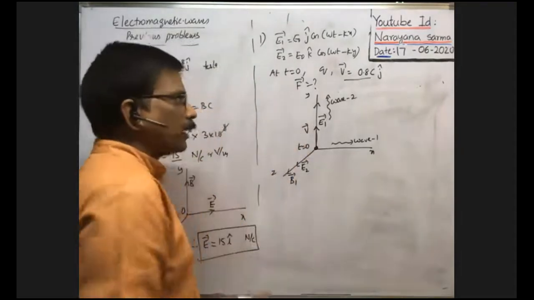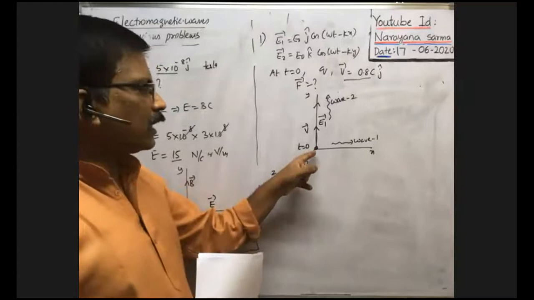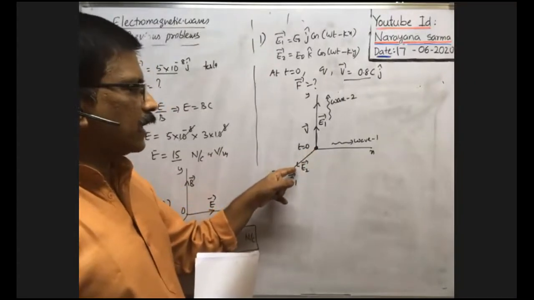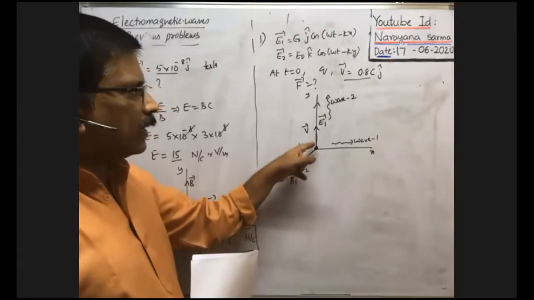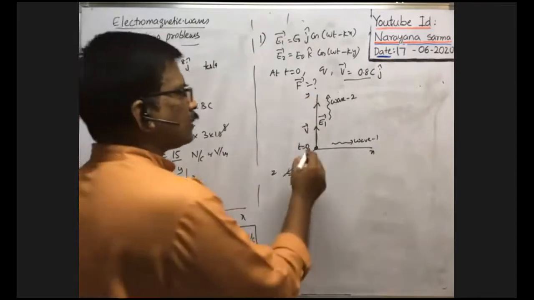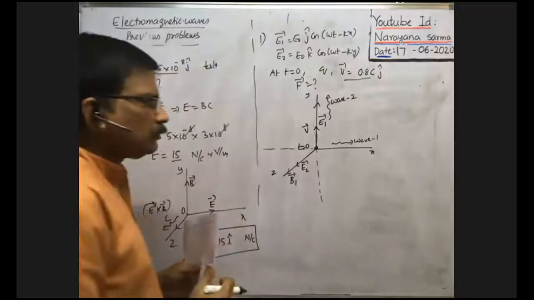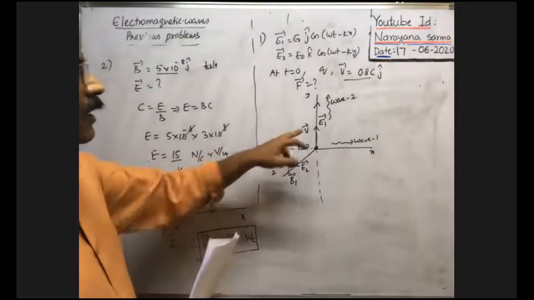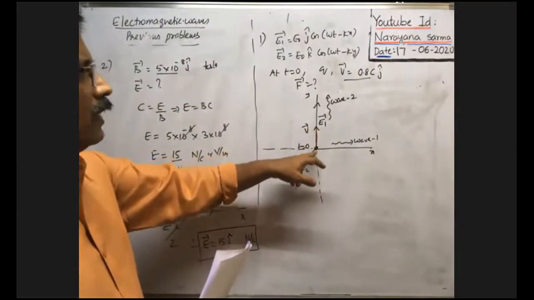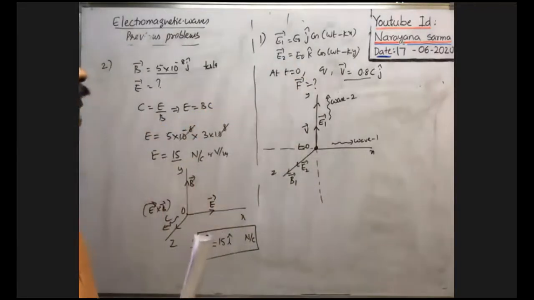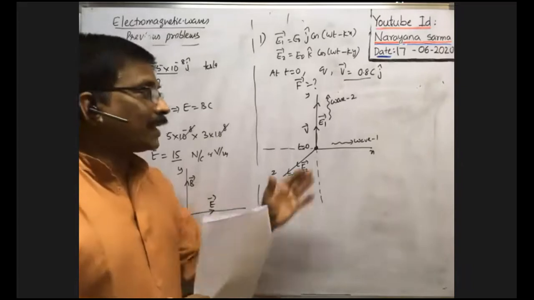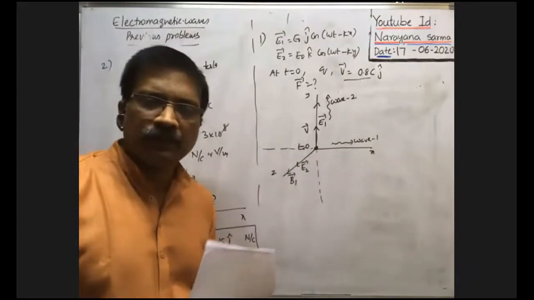What about B2 bar? The electric field due to the second wave is in this direction, and propagation of the wave is in this direction. Then what is the direction of the magnetic field due to the second wave?